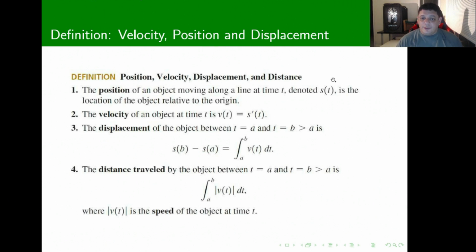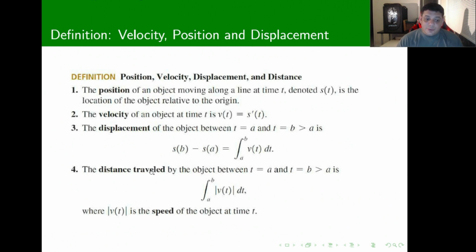For position, velocity, displacement, and distance, we have that the position of an object moving along a line at time t can be denoted by s of t, and is the location of the object relative to the origin. The velocity of an object v of t is s prime of t, and by the fundamental theorem of calculus, the displacement of the object between t equals a and t equals b is s of b minus s of a, which is represented by the integral from a to b of the velocity.